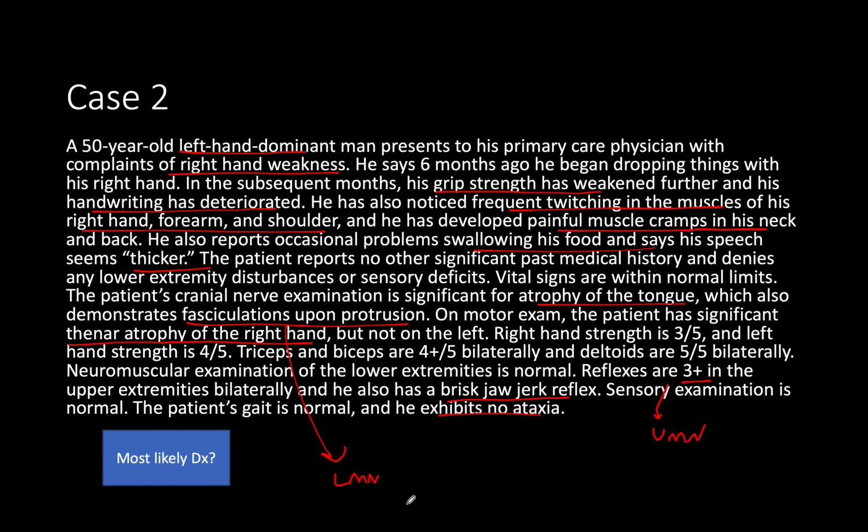Very good. Yeah, good. Well, you thought about this in exactly the right way, I have to tell you, Daphne. Anytime you see upper motor neuron with lower motor neuron, you need to be thinking about ALS. That should just jump straight to the top of your differential.